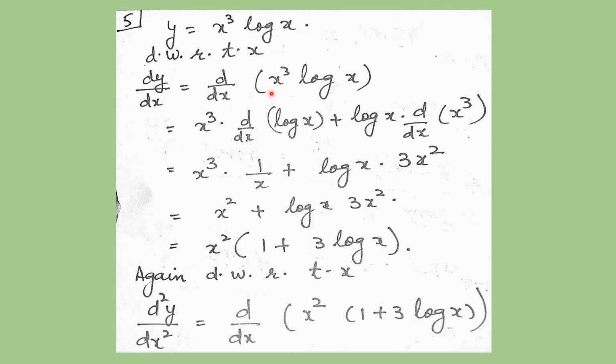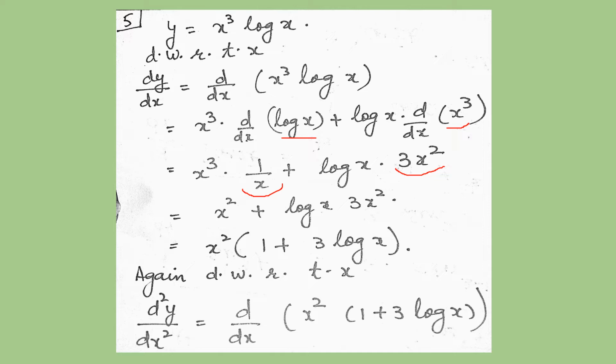The UV formula states the first function x cube as it is multiplied by the derivative of the second function, which is d by dx log x, plus log x, which is the second function, as it is multiplied by d by dx of the first function, which is x cube. So this x cube is copied here as it is. What is the derivative of log of x? Log of x derivative is 1 upon x, which you have written here, plus log of x as it is multiplied by the derivative of x power 3, which is 3x square, which you write here.